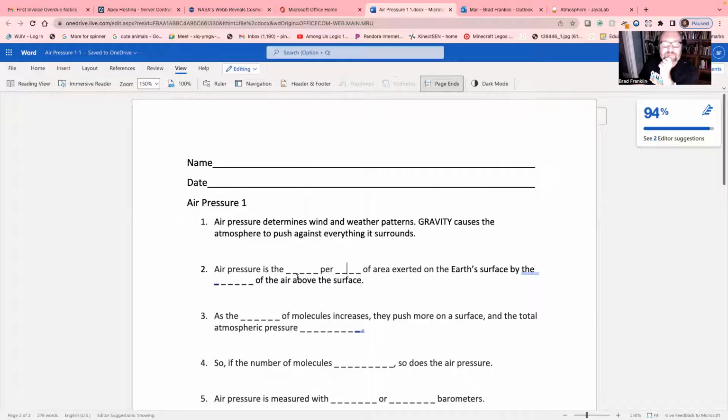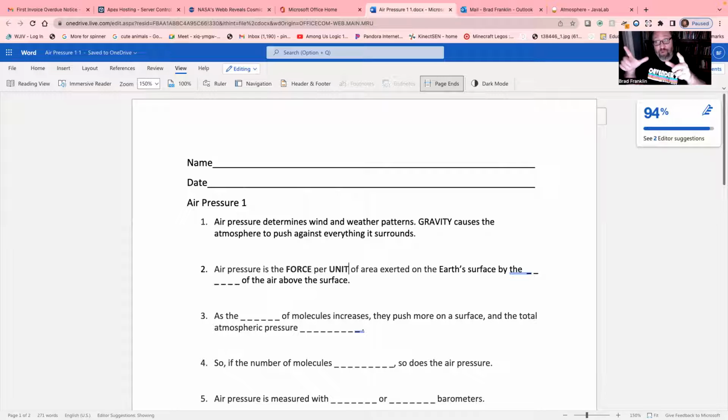All right, air pressure is the blank per blank. It's how many letters? 1, 2, 3, 4, 5. All right. I'll tell you. I'll give it to you. It's basically about gravity. Air pressure is the force per unit of area, right?